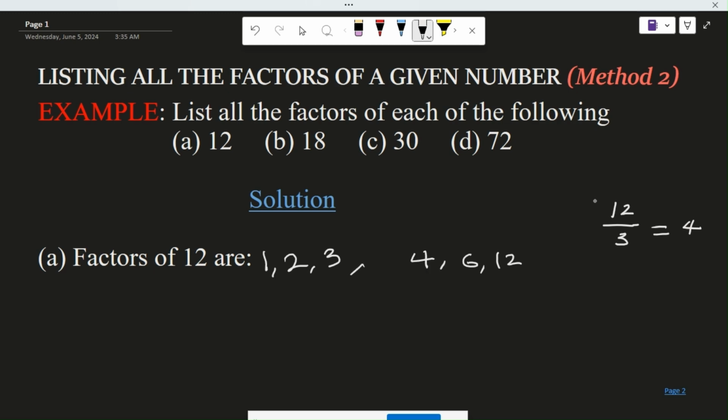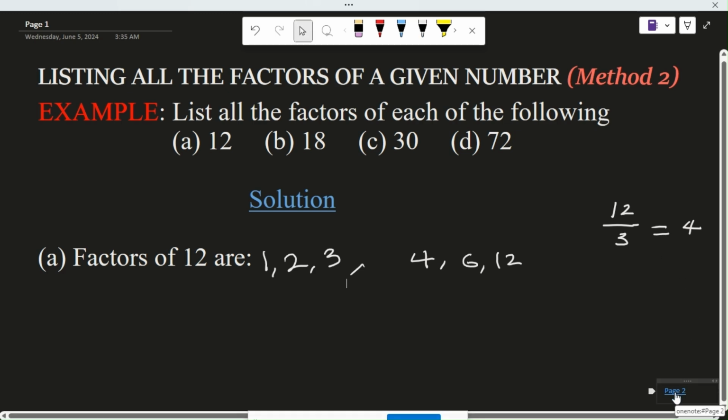After 3, we're supposed to use 4 to divide 12, but as long as we already have 4 on our list, then we are going to stop here. So in essence, all we have done is to list the factors of 12. You have 1, 2, 3, 4, 6, and 12. These are all the factors of 12.